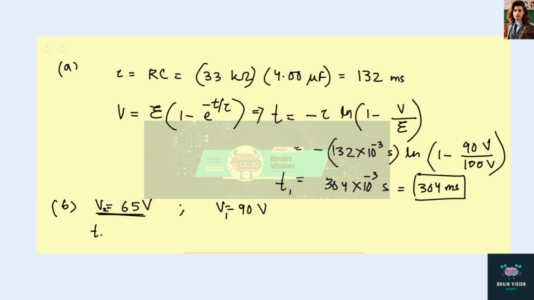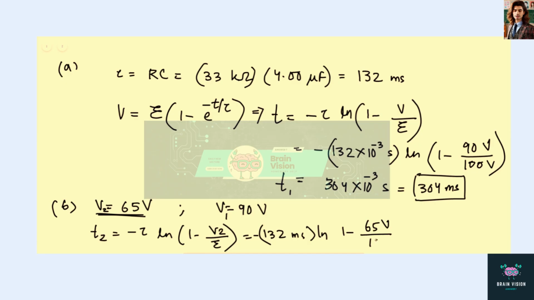So now we need to find T2 using this same formula again, but V should be now V2. So again, we plug the values, so 1 minus 65 volt over 100 volt, and we get this time T2 to be 139 milliseconds.